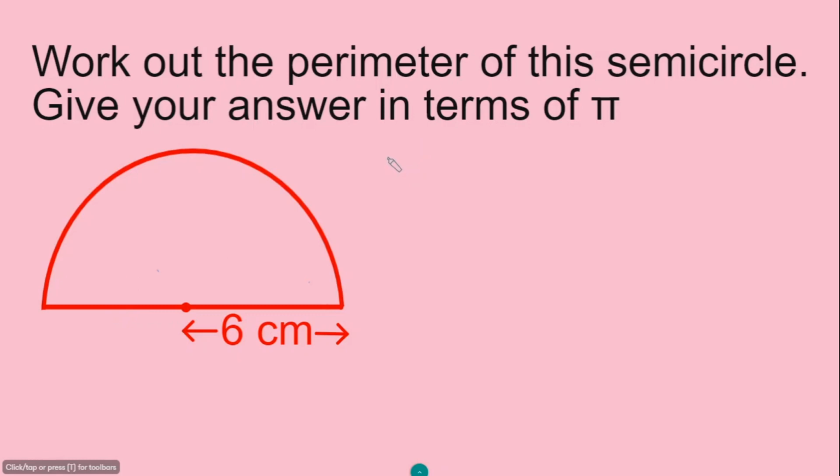First, we need to calculate the circumference of a full circle, which is going to be pi times the diameter. Why do I say diameter? Because if here is 6, then here to here definitely has to be 6 centimeters as well, because two radii make a diameter. So the diameter is actually 12 centimeters.